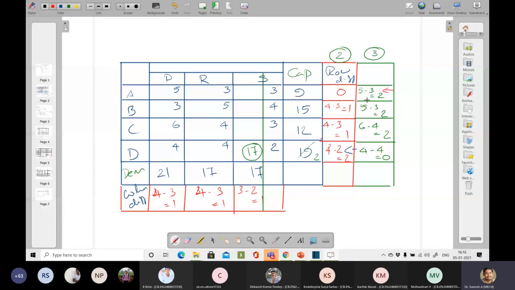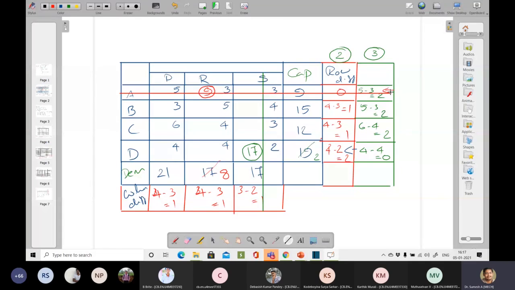Lowest cost is 3, capacity is 9, demand is 17. So 9 can be allocated over there. Once 9 is allocated, what is left out? 8. So row A will get terminated.